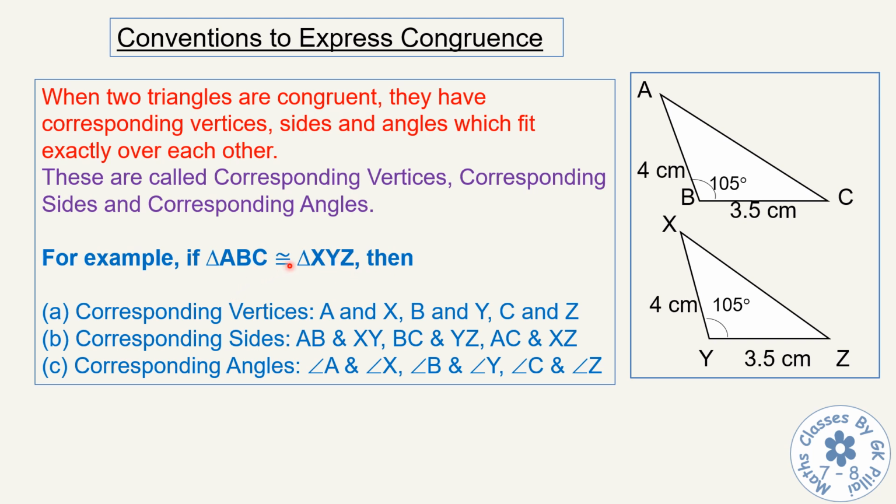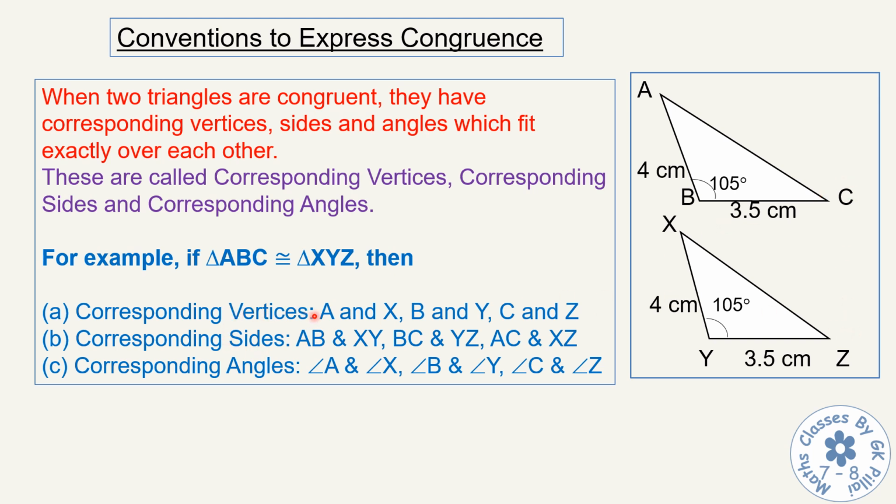Triangle ABC congruent to triangle XYZ. This is what we say. Then the corresponding vertices are A and X. These are the two corresponding vertices of the two triangles. B and Y, and C and Z. These are the corresponding vertices.